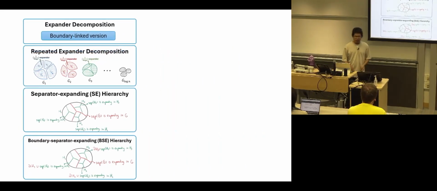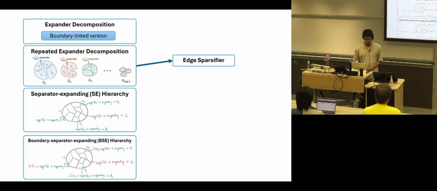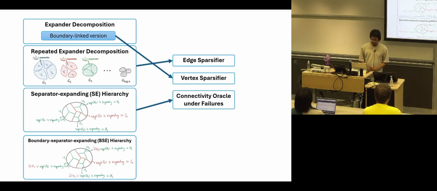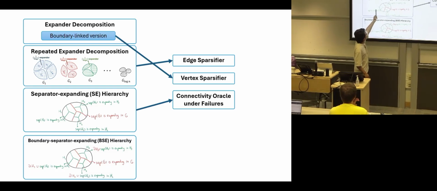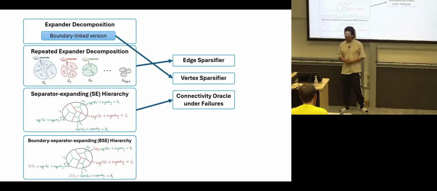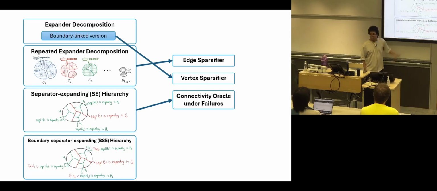Once we have these, we have seen how to use, for example, repeated expander decomposition to build an edge sparsifier. We see how to use the parallel version of expander decomposition to build a vertex sparsifier. And from this SE hierarchy, we see how to get the connectivity oracle under edge failure. Do you recall what the application of BSE hierarchy is?